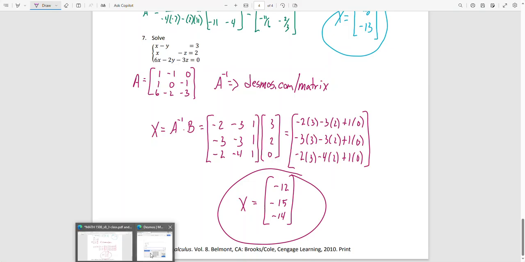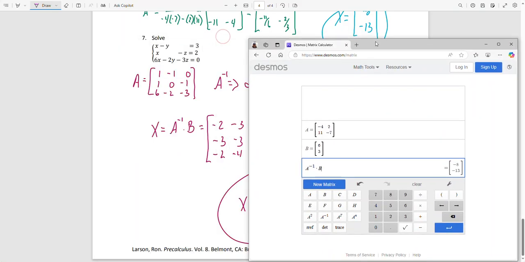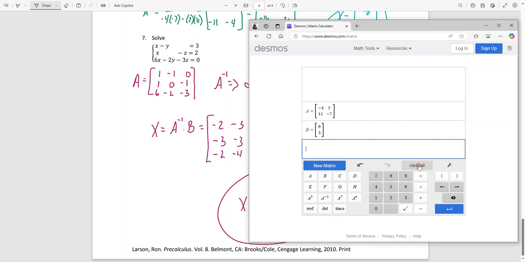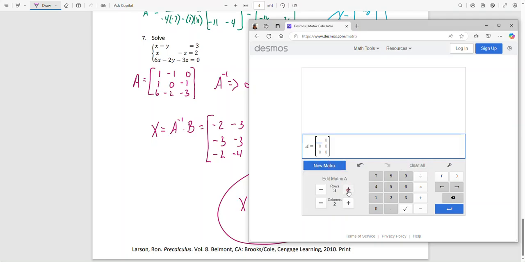The other way that you could solve this, instead of the A inverse times B, we could define a new matrix, the augmented matrix. 1, -1, 0, 3, augmented with B. All right, second equation, second row, third equation, third row.